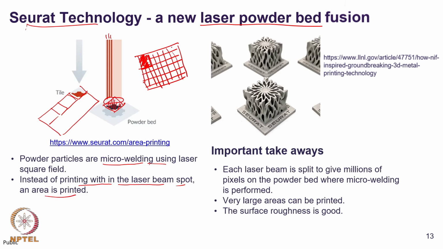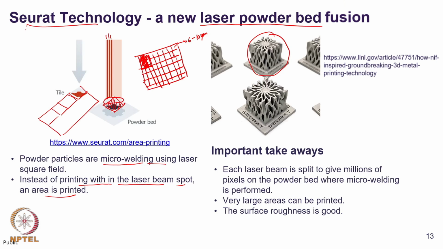Since the pixel size of those smaller laser beams is very small, it can be as small as 6 to 10 micron, there is less interaction of the laser with the material, and thus a much better surface finish can be achieved.